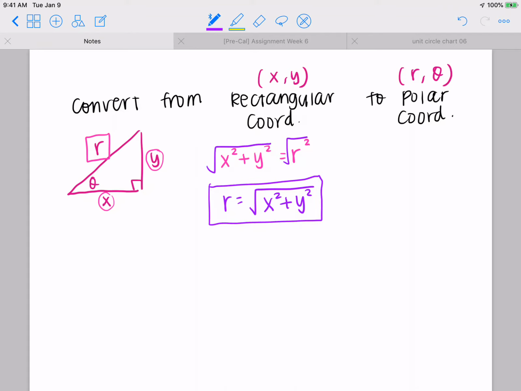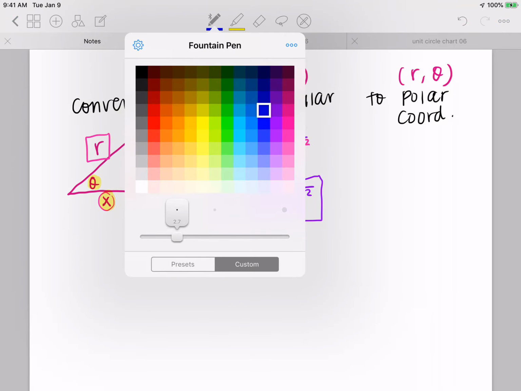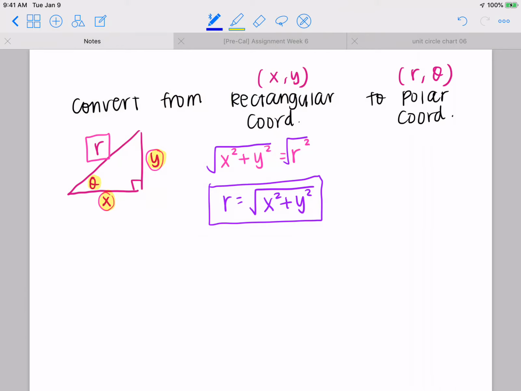But we still need to find our theta. How do I find our theta if only these two pieces of information are given? Finding the angle, remember we always have to use a trig ratio, which is tangent theta equals y over x.